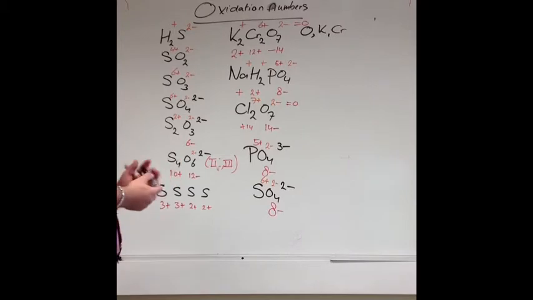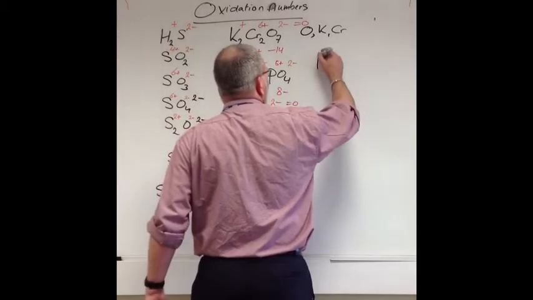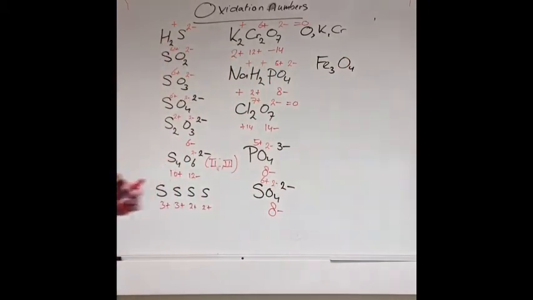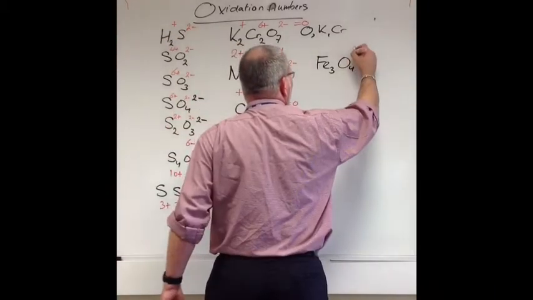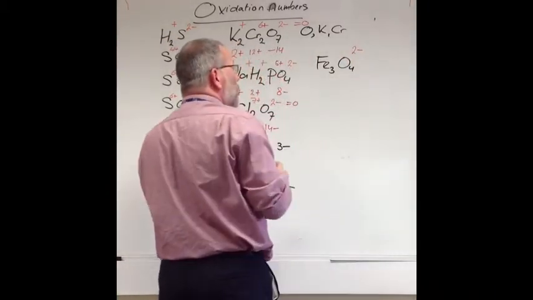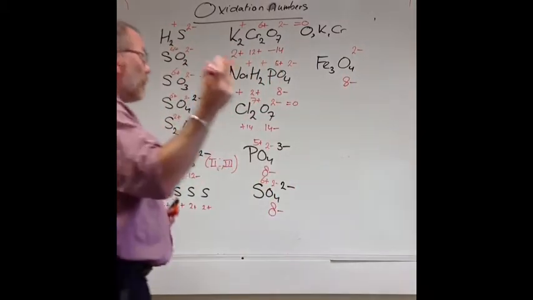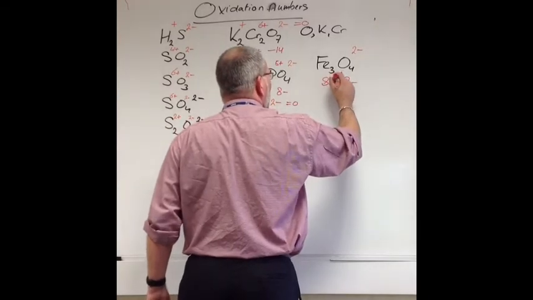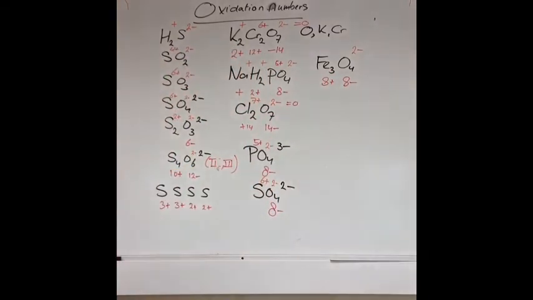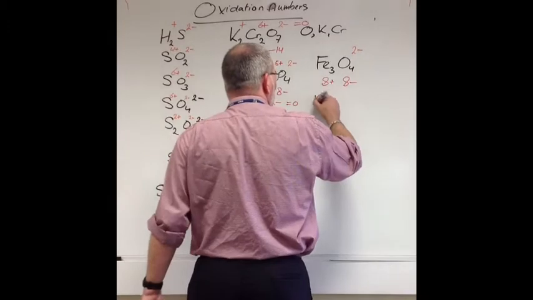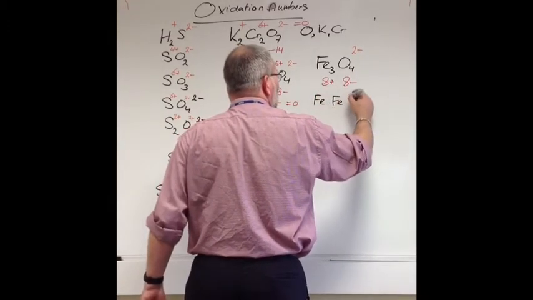And there are examples enough like this, because I can write down one of the iron oxides. The whole thing is neutral. Oxygen again is 2 minus. That will give you 8 minus. Therefore, the 3 irons need to be 8 plus. Now, how can I do that? Well, it's literally going to mean I've got 3 irons.